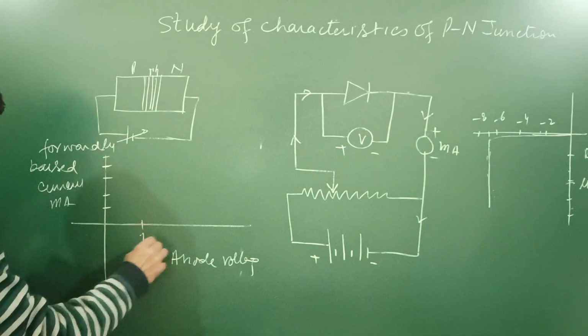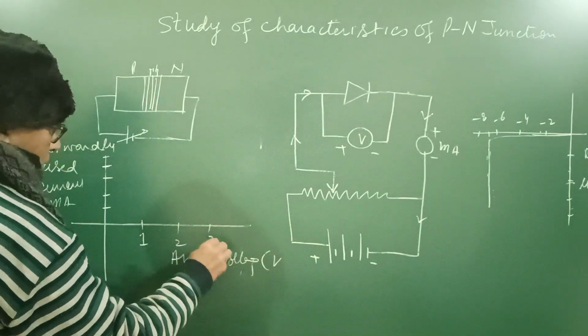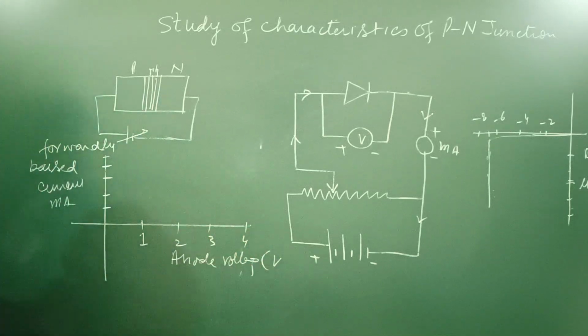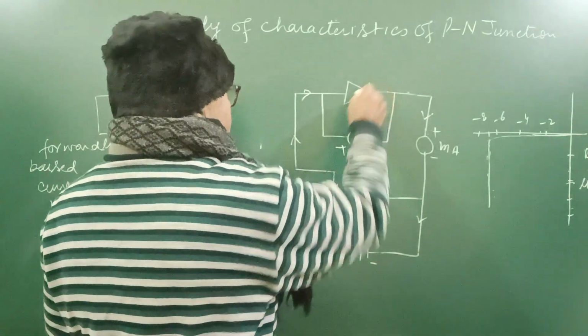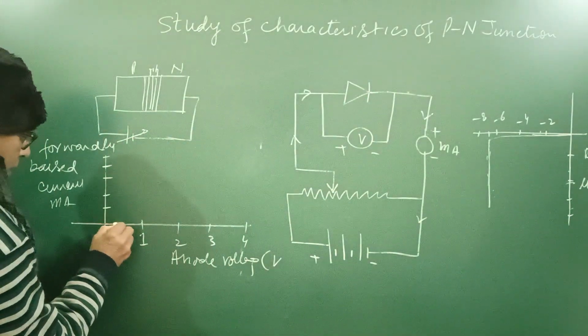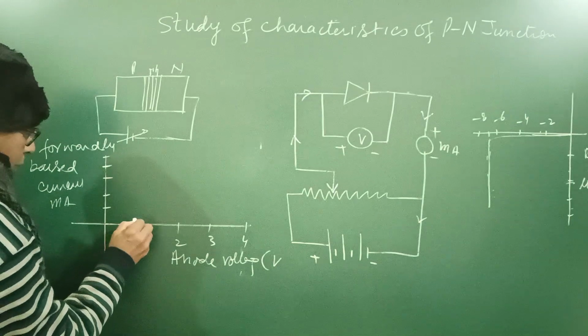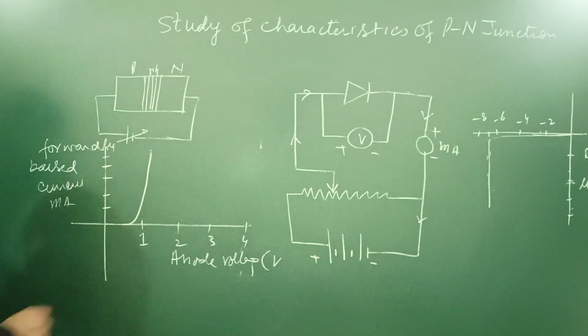And voltage in volt only: 1 volt, 2 volt, 3 volt, 4 volt. Till the voltage here is less than the potential barrier, no current flows, but as soon as it becomes above the knee point, it starts increasing.